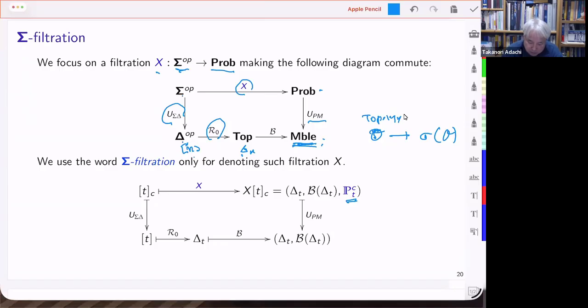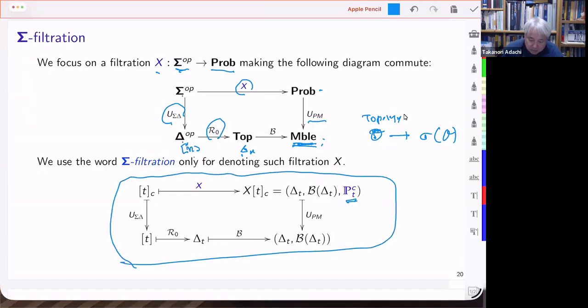So basically this commutes. We use the word sigma filtration if this functor X makes this diagram commute.